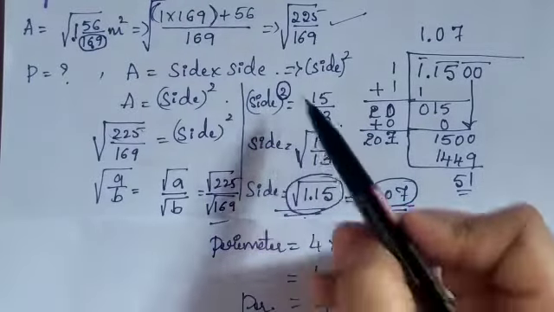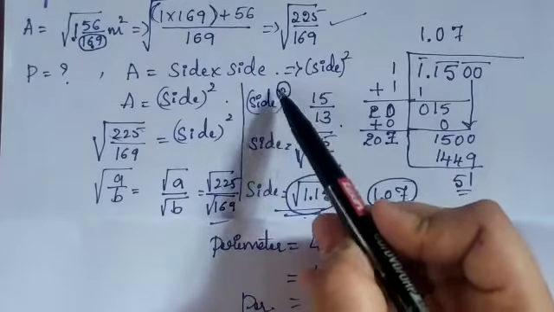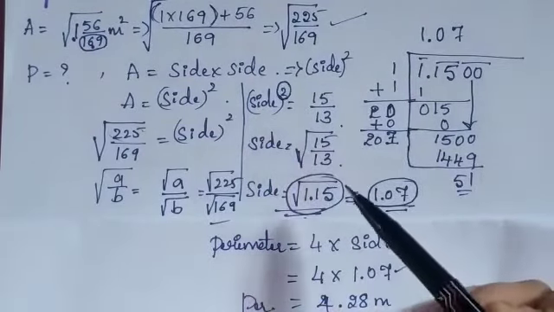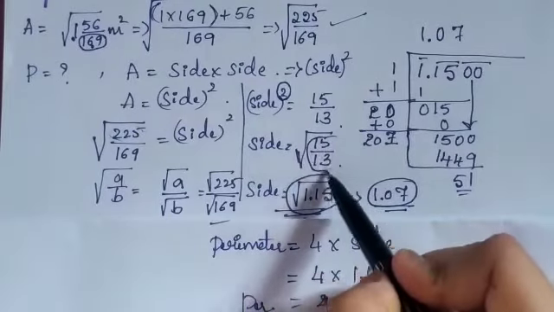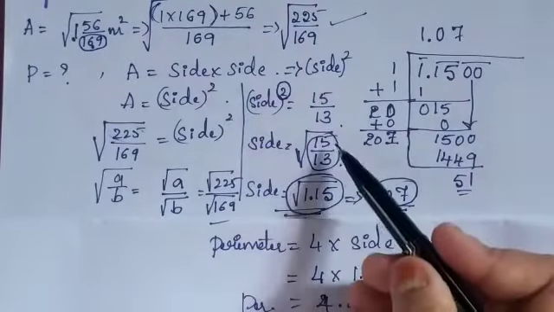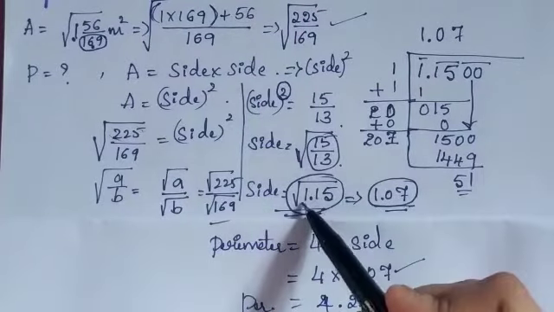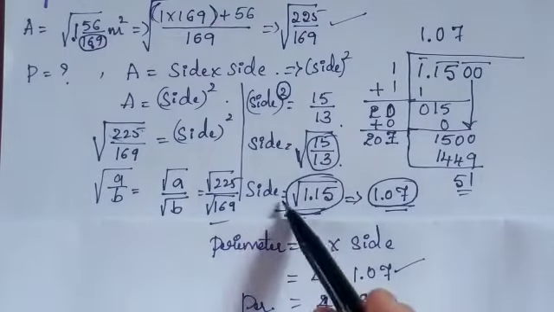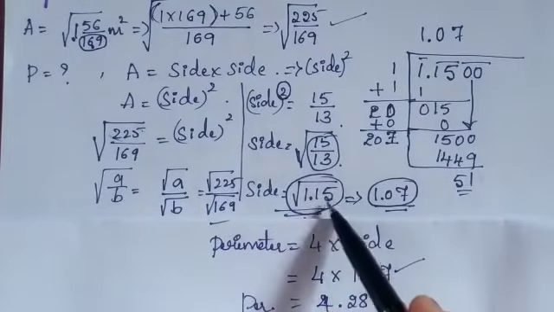So side square is equal to 15 divided by 13. Side is equal to square root of 15 divided by 13. Next I divided 15 by 13 and got 1.15. Side is equal to square root of 1.15.